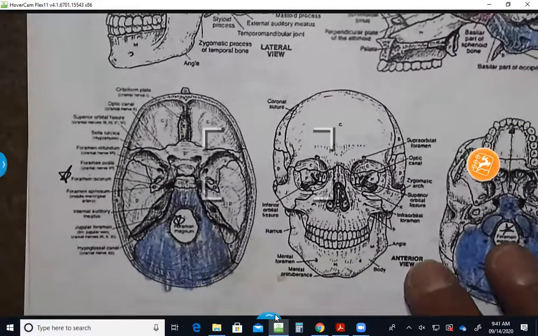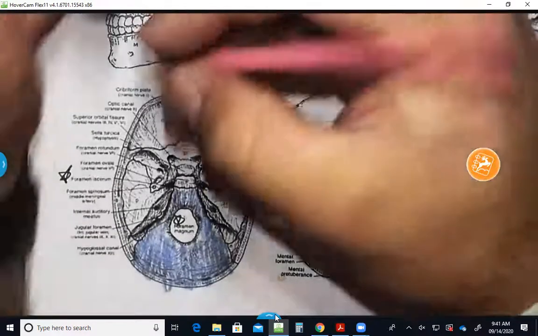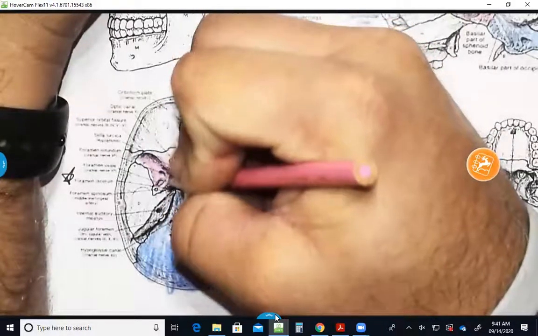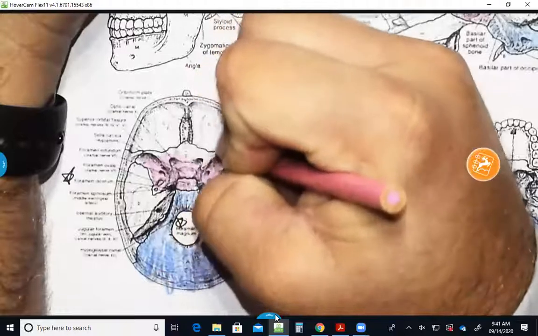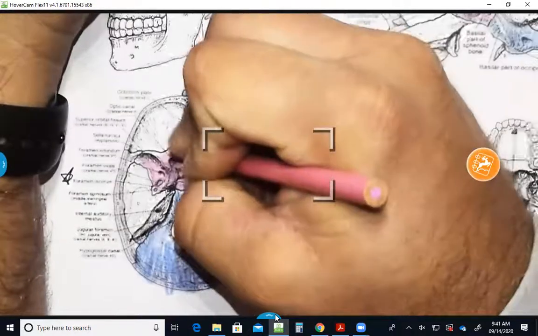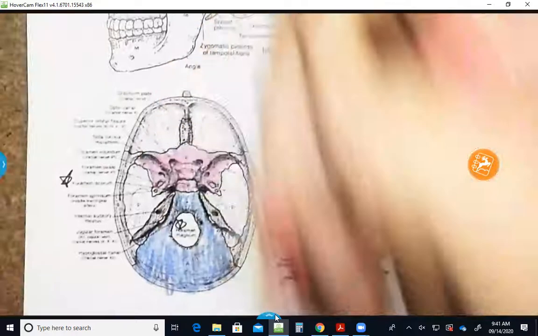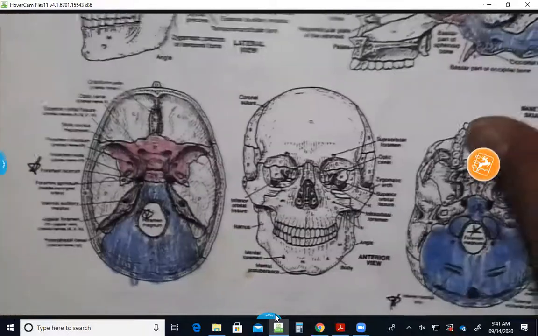This bottom left image, this is the floor of our cranial cavity. Really will show you why I call it the butterfly bone. At least I hope it does. Looks like a butterfly, doesn't it?